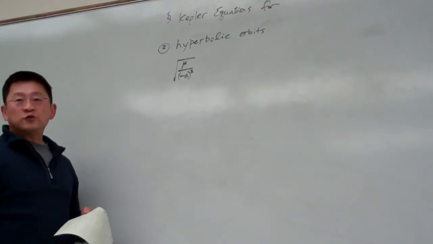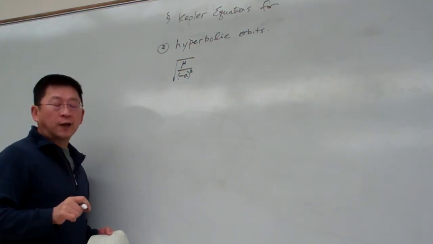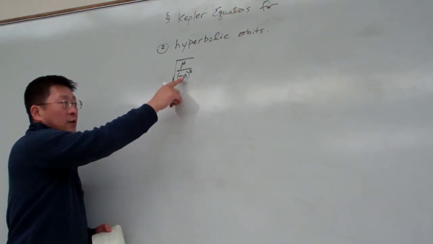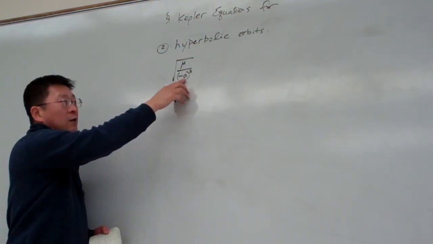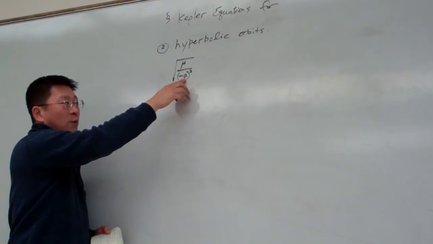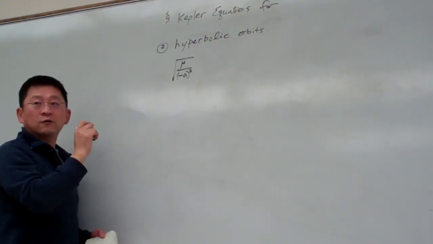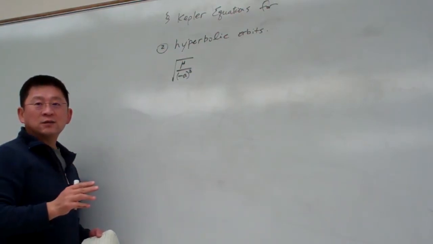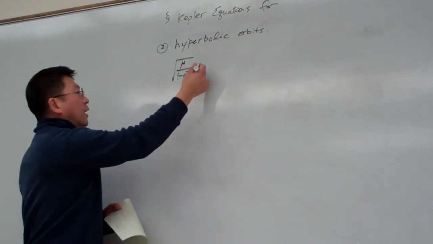And if you remember, when we talked about hyperbolic orbits in chapter 1, when we reviewed conic sections, in our textbook notation the value of a for hyperbolic is intrinsically negative. So we put a negative sign here to make the whole thing positive. So don't feel weird. That is a way we try to make everything consistent, and that is the symbol used in our textbook. Okay? Okay, and then we continue here.